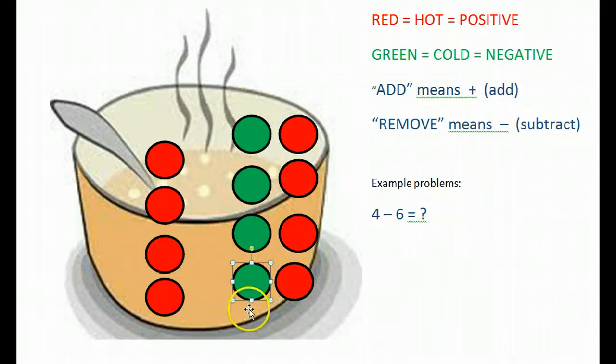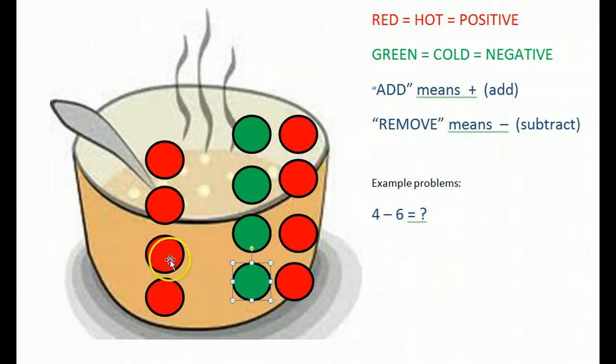I've added 4 cold cubes and 4 hot cubes in addition to the 4 hot cubes that I added here. But I haven't changed the temperature at all. These all cancel out. They're all 0 pairs. So now I have plenty of hot cubes that I can take away because I put in 0 pairs.